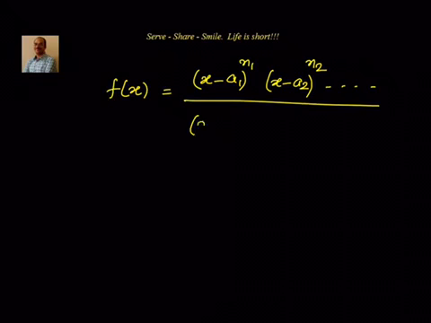And in the denominator I have x minus b1 whole to the power of m1, x minus b2 whole to the power of m2, like that, where n1, n2, m1, m2 are natural numbers, can be zeros also, and a1, a2, b1, b2 are real numbers. Or let us say integers only for us, so that we are fine with that.